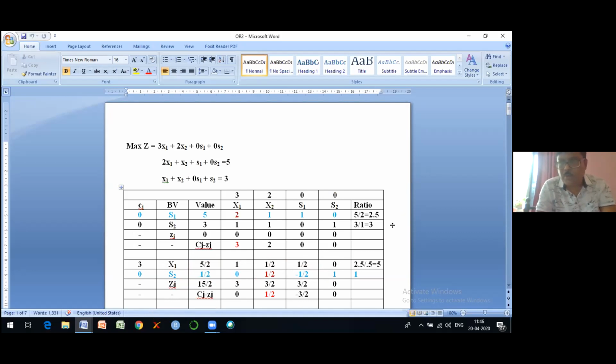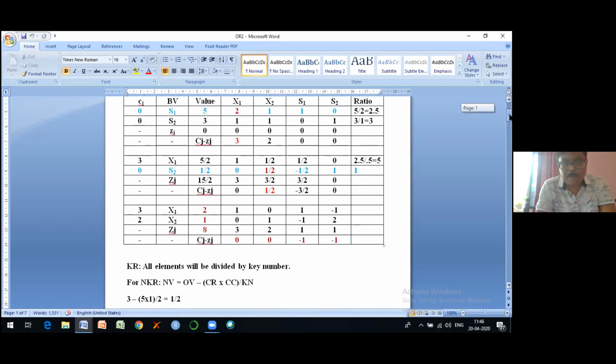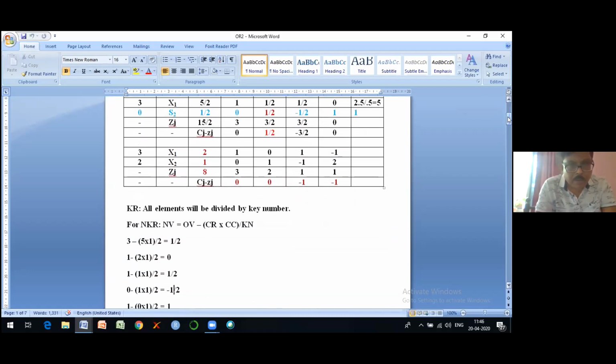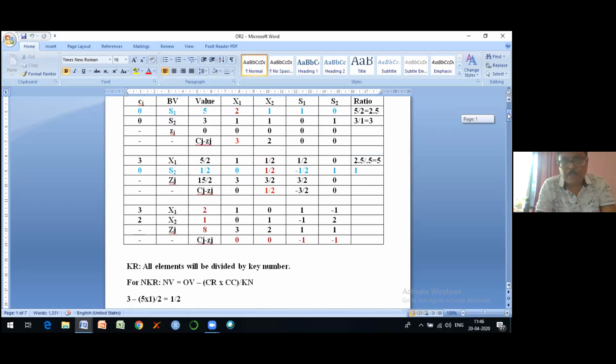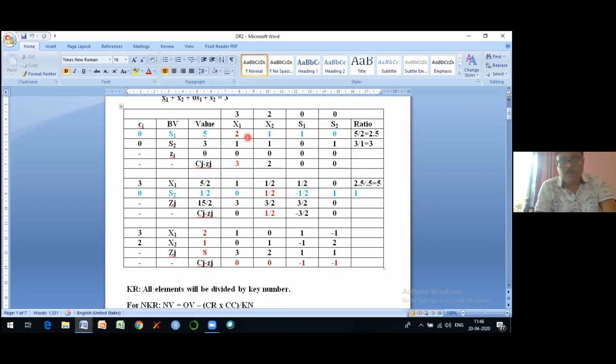So the corresponding row values are 5, 2, 1, 1, 0. So this is our S2 row. And this is our corresponding row. Clear?